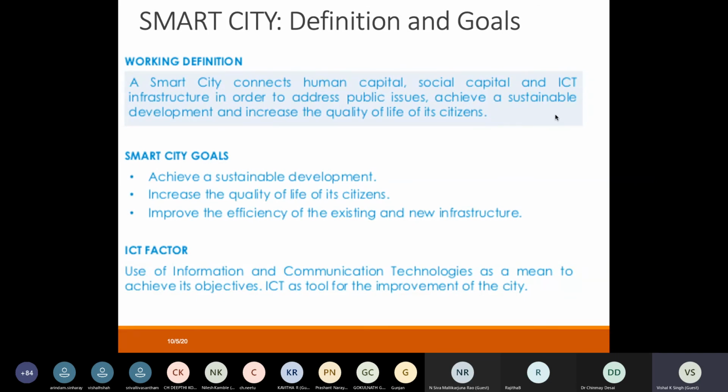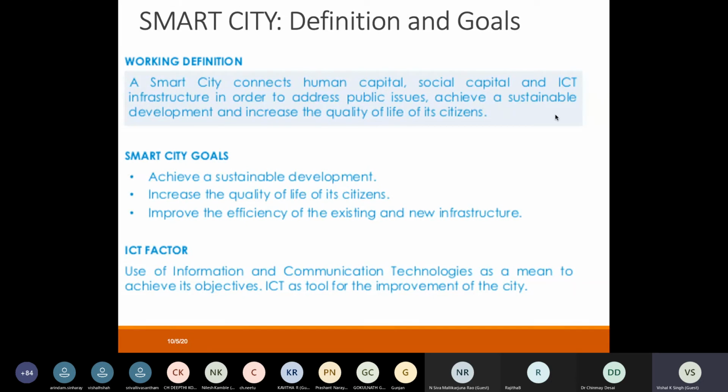Now, to cater to the needs of this tremendously increased population, what do we need? We need to incorporate current information and communication technologies to streamline the process and improve the quality of living in such an urban world.